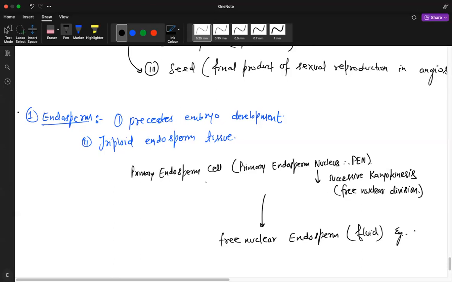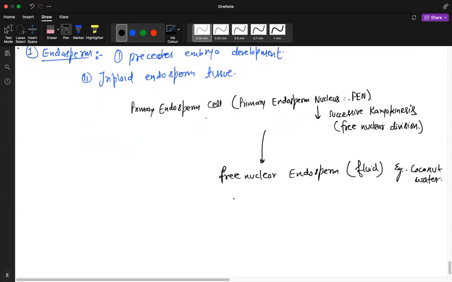And one example here is coconut water. Okay, just don't say coconut, because coconut itself is not endosperm, it's a seed. And then the kernel, which is the white part, is the cellular endosperm.